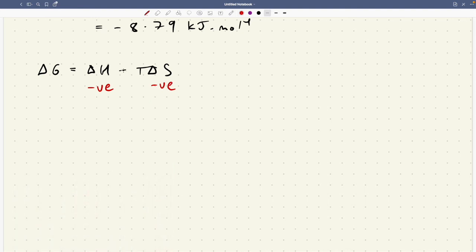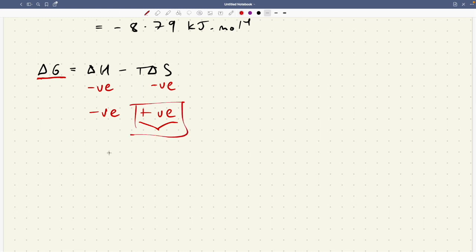Essentially, this is a minus times a minus, right? Minus times a minus gives a positive. So we end up with a negative number, and we're adding something to that. Now, delta G can end up being negative, or it can end up being positive. It's dependent on how big our positive number here is.